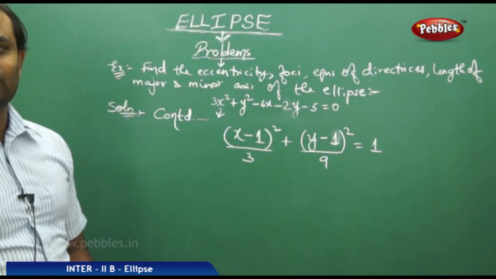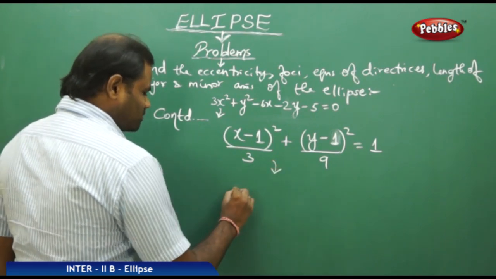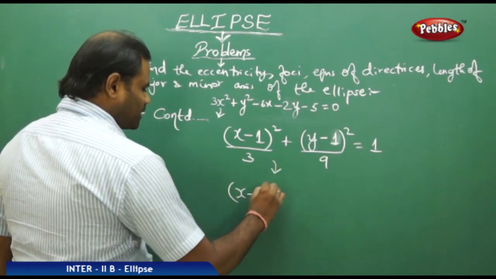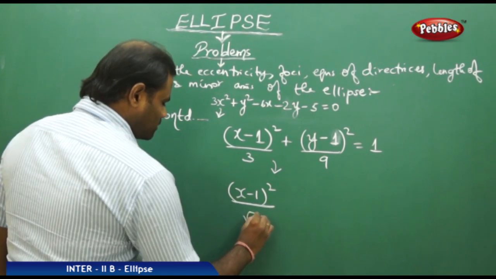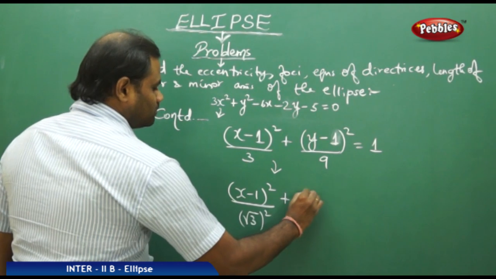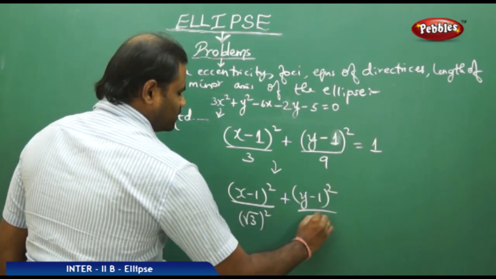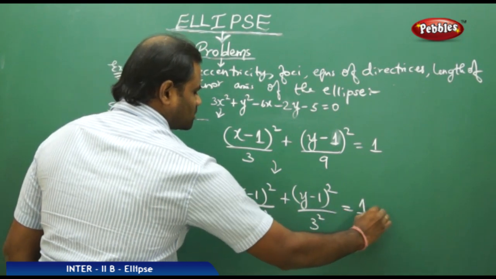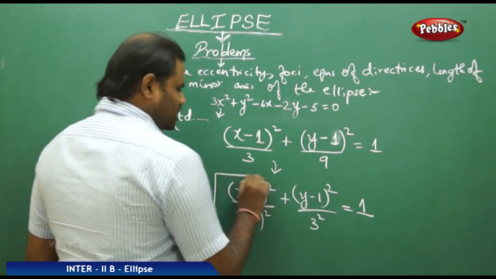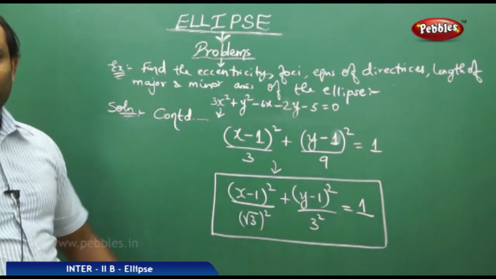So this is still not in the standard form, because if I just have this further simplified as (x minus 1) whole square by root 3 whole square, plus (y minus 1) whole square by 3 square, equal to 1, this is called the standard equation of ellipse in transformed form.